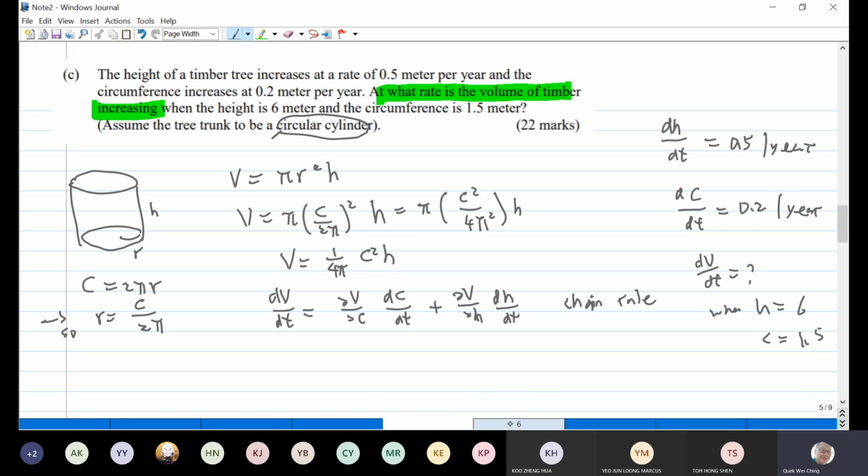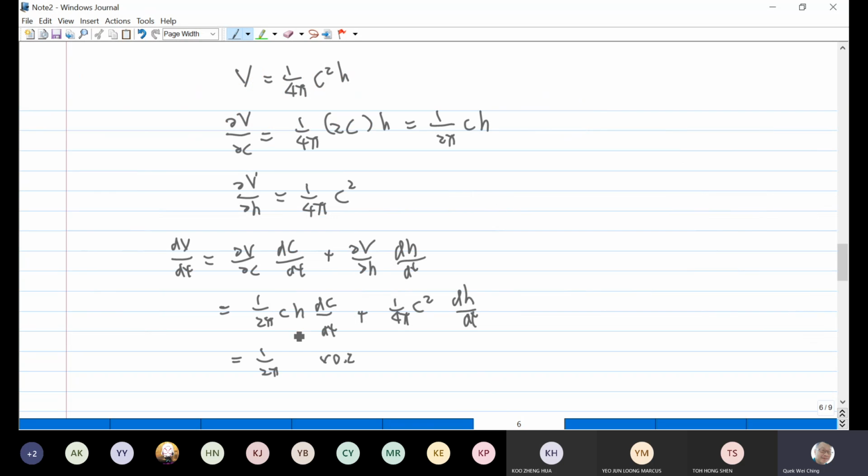So we get 1.5 times 6 times 0.2, because c equals 1.5, h equals 6 there, and then this 1/4 pi, c equals 1.5, squared.